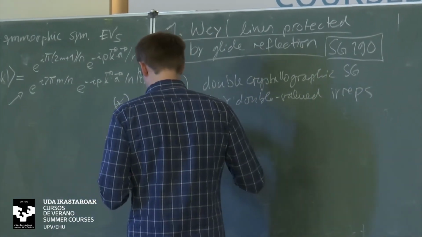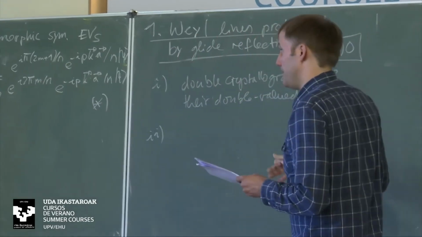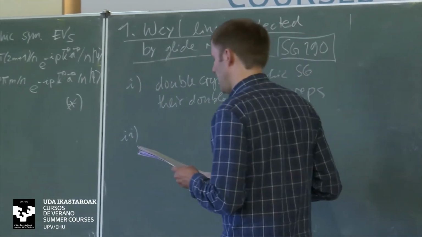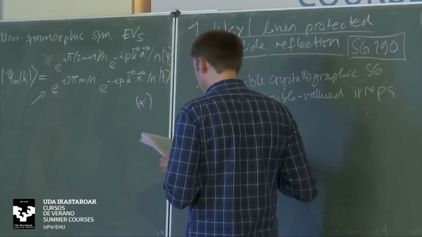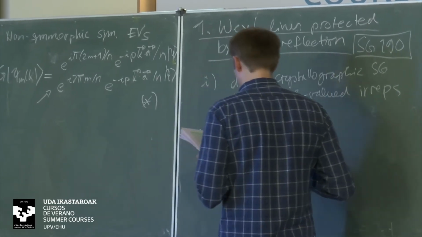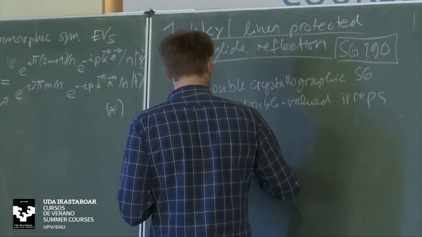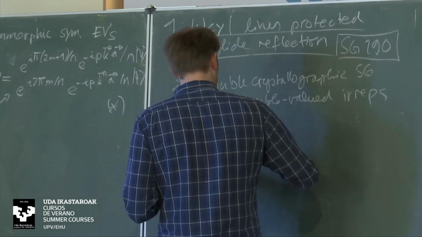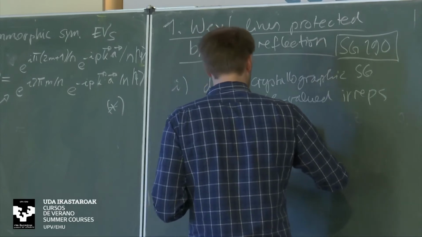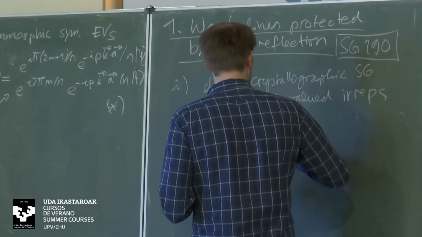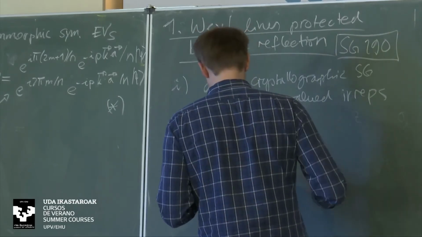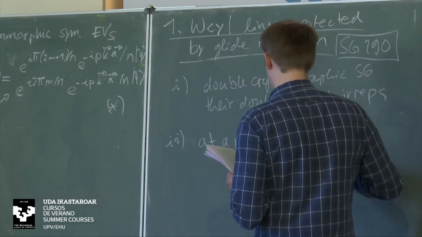Because we restrict ourselves to certain momenta, what we have is not the full double group, but just the little group at this k point.